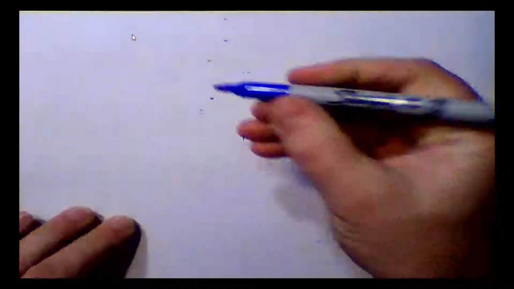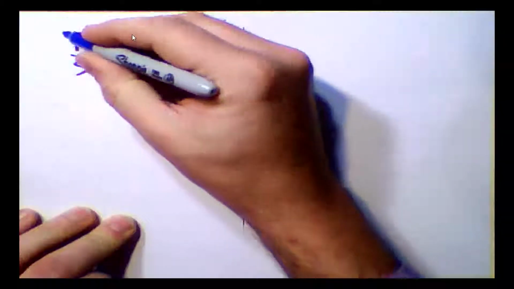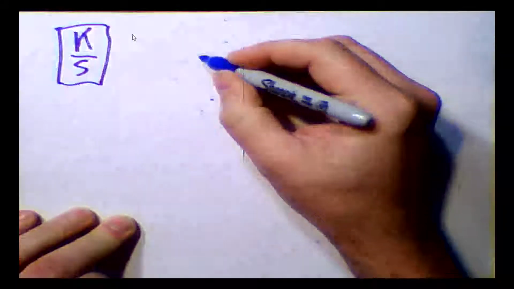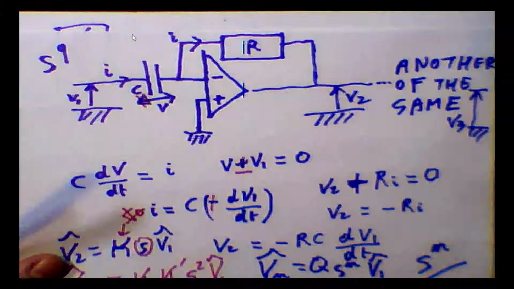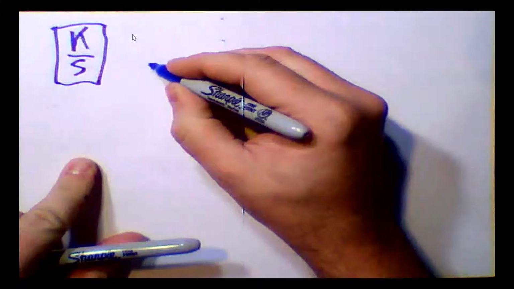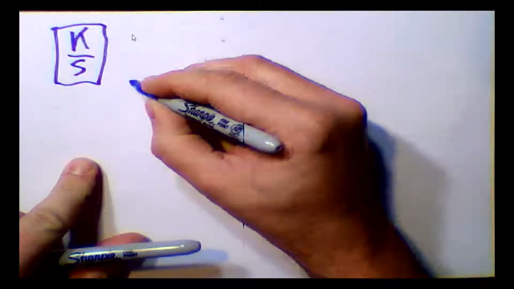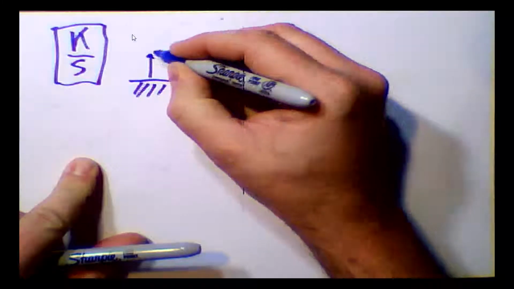So an integrator realization, which is K over S, will be obtained by swapping the roles of R and C. And we get that the diagram now looks like this. V1.